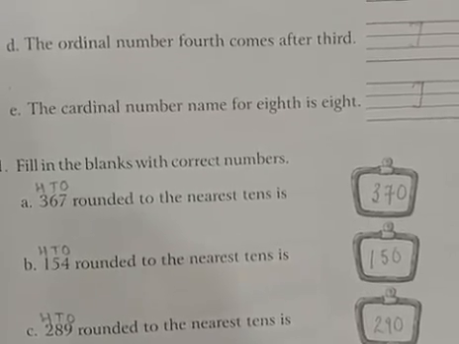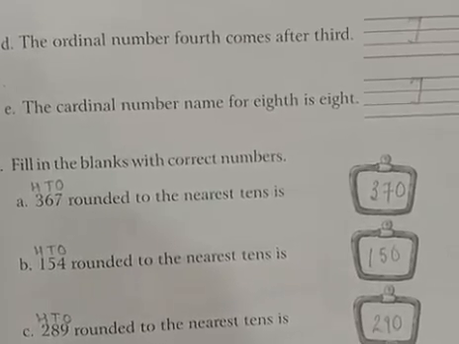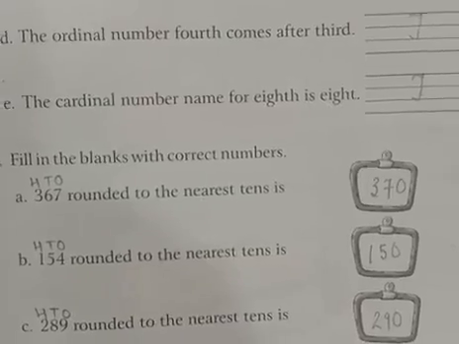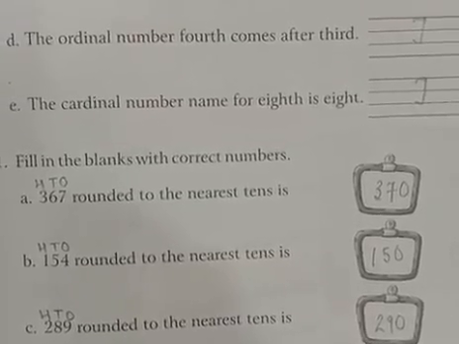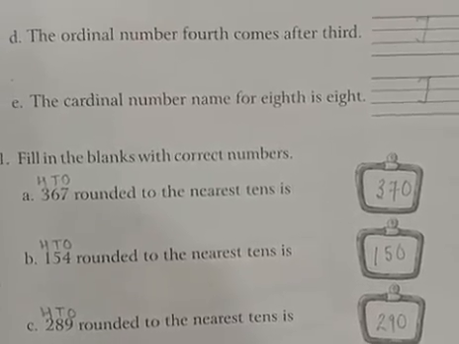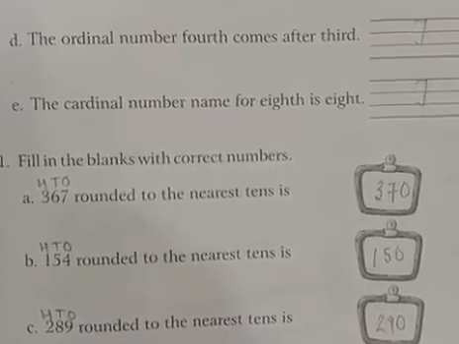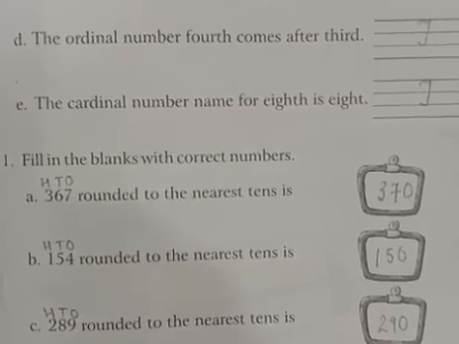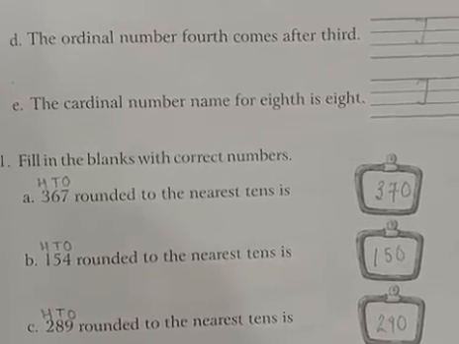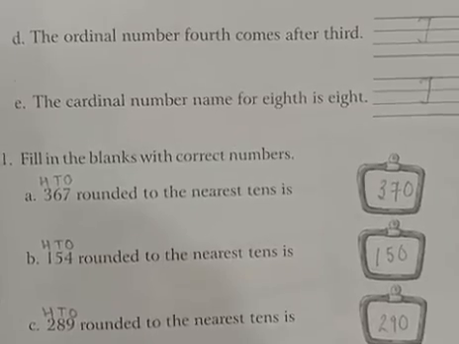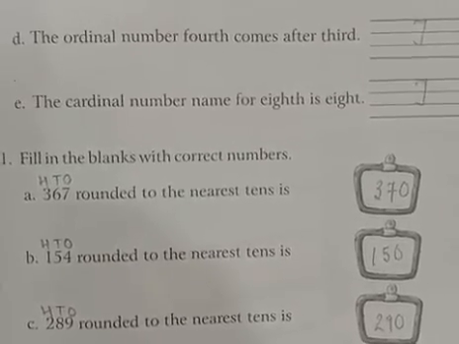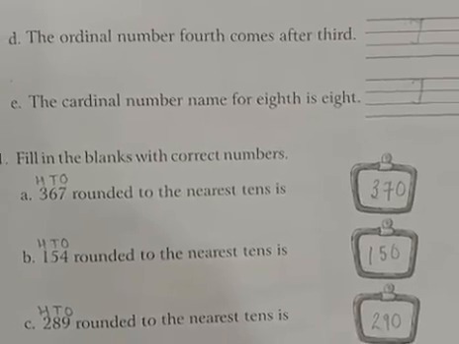So see the digit at the ones place. We have 7 at the ones place. So it is greater than 5. 7 is greater than 5. So we will write 0 at the ones place, and we will add 1 to the digit at the tens place. तो आप 6 में 1 प्लस कर दोगे, so it becomes 7.